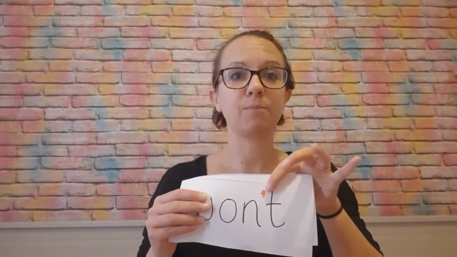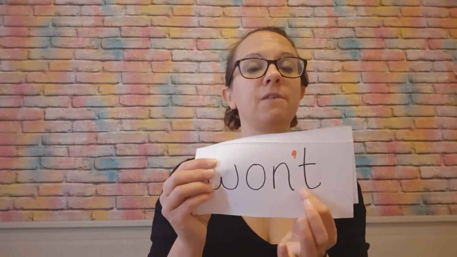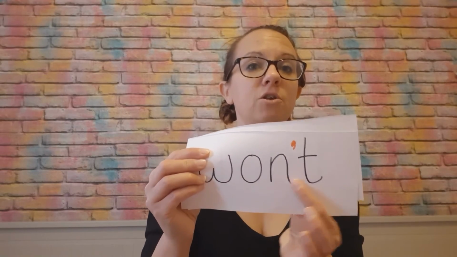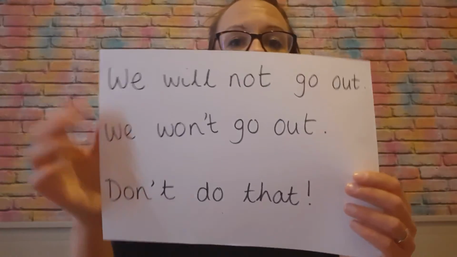They're the words that you need to practice writing, and it's really important that you get the apostrophe in the right place. And if you forget, you can remember that it's that not, and it's where that O would be in the not, and we've got an apostrophe there. It's like a little dash at the top, a little comma at the top. So I want you to try and write your sentences. I've written a couple of sentences just to help you, and I've written them both ways.